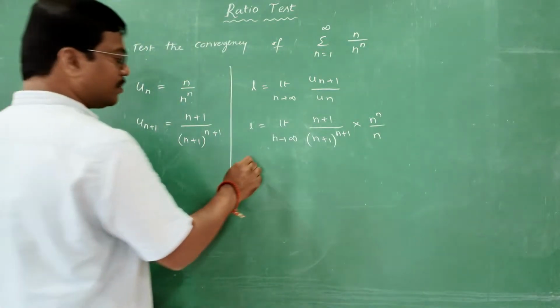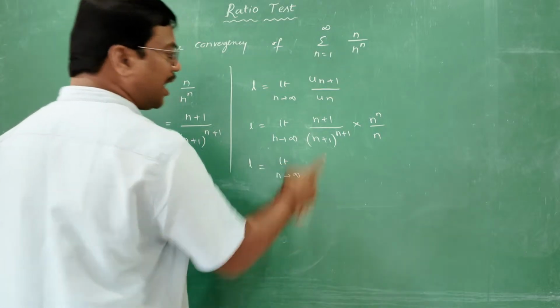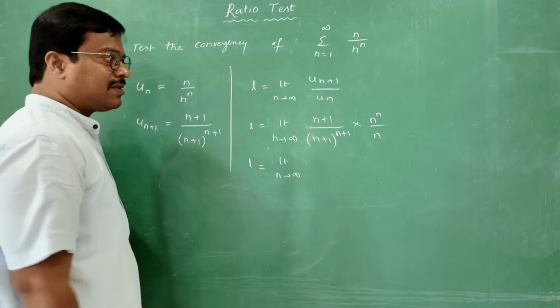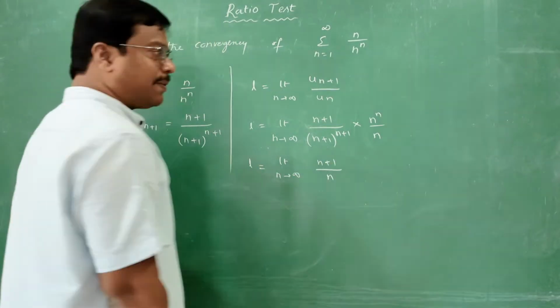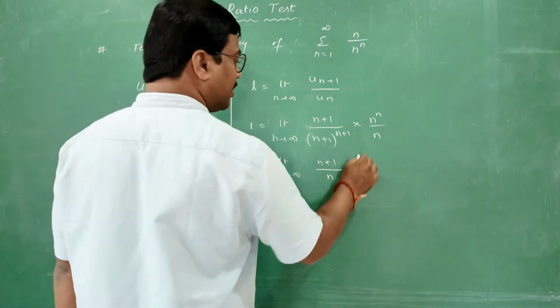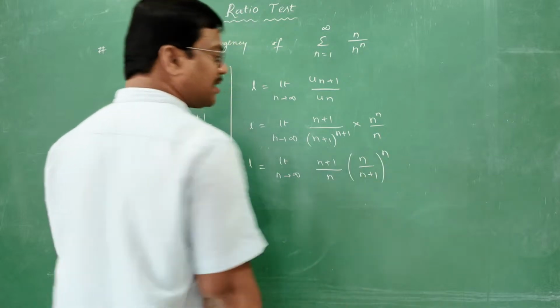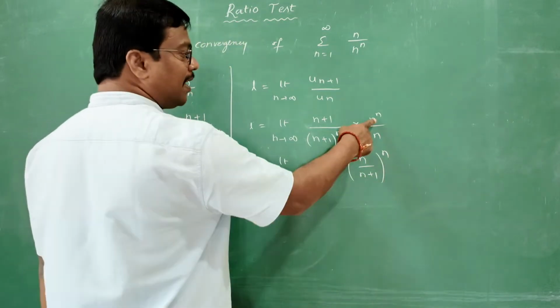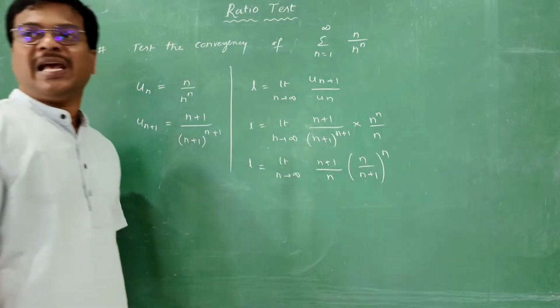Now limit n tends to infinity. I am going to simplify this. N plus 1 by n I am going to write separately. Next, n by n plus 1 whole to the power of n separately. Here n power n, and here n plus 1 whole power n only I am going to use.